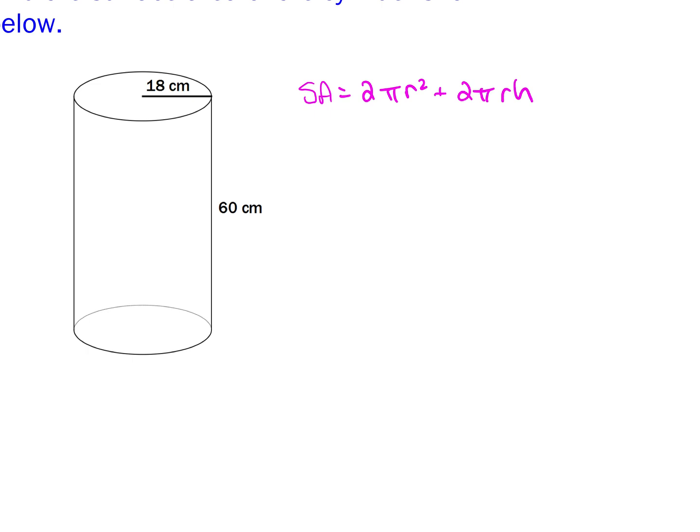What's the radius in this question? 18. Very good. And the height? 60. Sweet. So everywhere there's an r for radius, we're going to substitute an 18. And everywhere we see an h, we're going to replace it with a 60. Surface area is 2 pi 18 squared plus 2 pi 18 times 60.